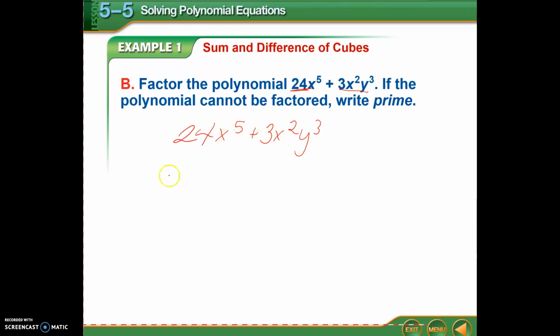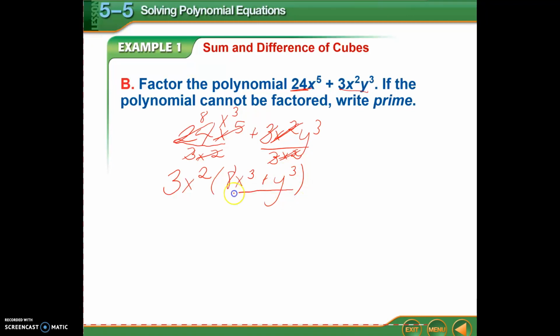So the greatest common factor is 3x squared. That's like dividing each term by 3x squared. When I divide 24x to the 5th by 3x squared, I get 8, and subtracting my powers, x to the 3rd. So I have 8x to the 3rd. And when I divide 3 by 3, I get 1, and dividing by x squared, 2 minus 2 is 0, and I'm left with just the y cubed.